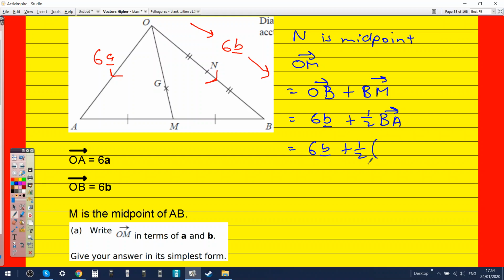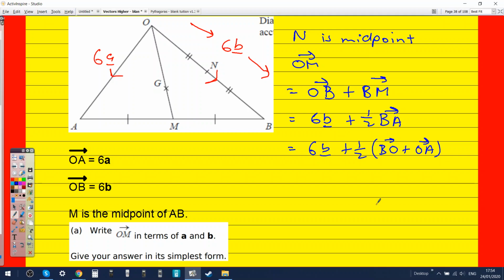Just go along A and B vectors. It will be half of B to O plus O to A. That's a way you can get from B to A.